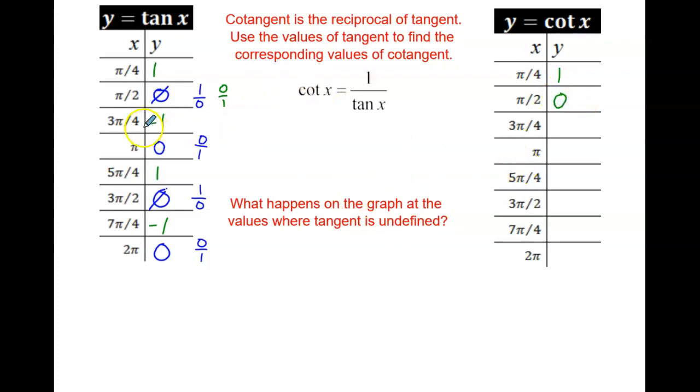Okay, then at 3 pi over 4, the reciprocal of -1 is -1. At pi, the reciprocal of 0 is 1 divided by 0, which is undefined. So we're going to have a vertical asymptote on our cotangent parent graph at 0.